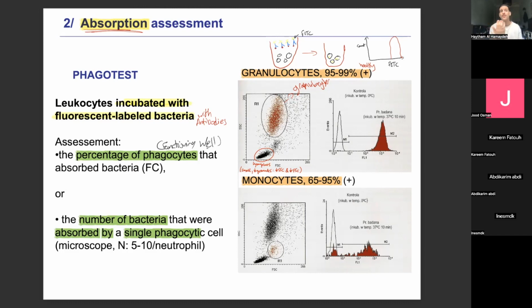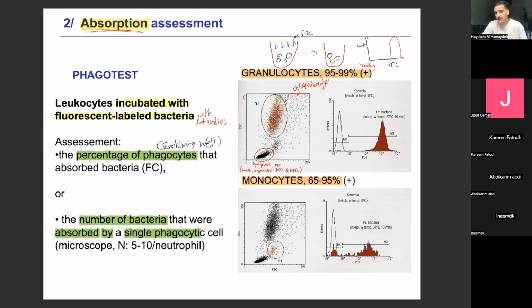So there are 2 different ways to tell us whether phagocytosis happens. Two types of cells here are analyzed. They're separated according to their size, forward scattering, and granulation. This circle right here tells us granulocytes, and we can see that they are fluorescent.